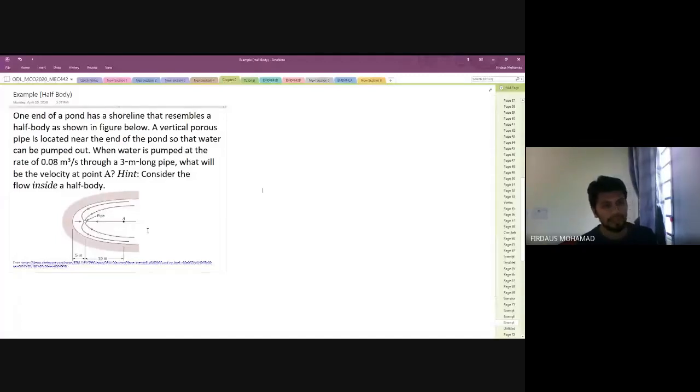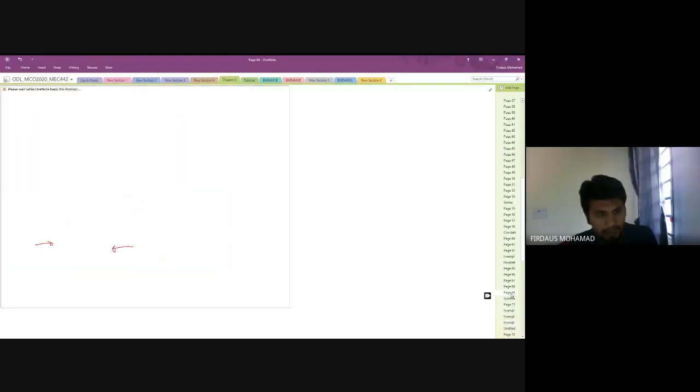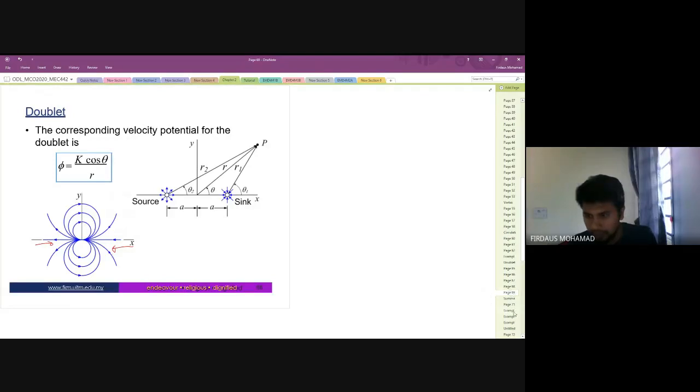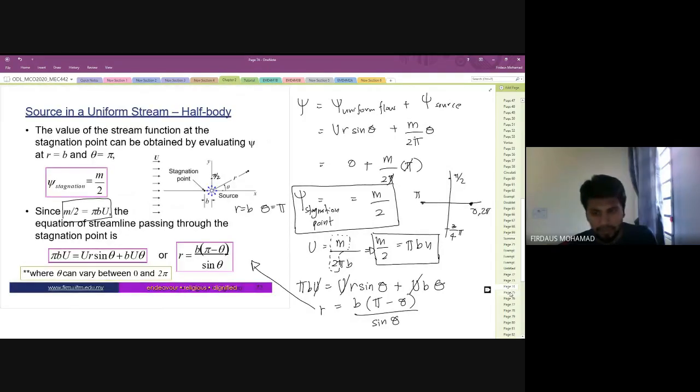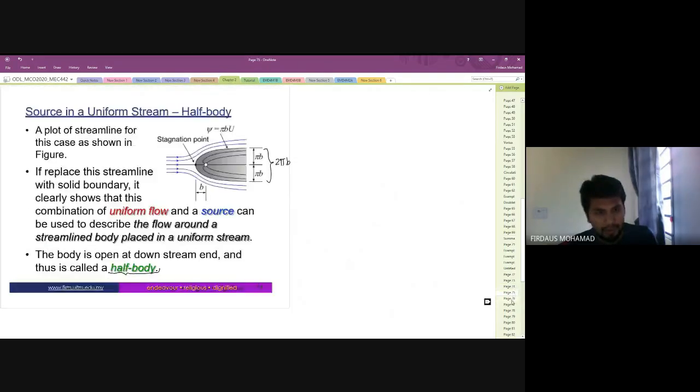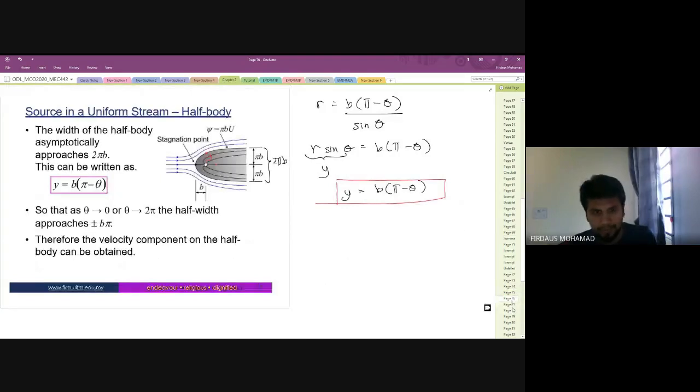Okay, so for this half body, you will come out with the velocity relation. Let's see this slide. Okay, so this is a half body.